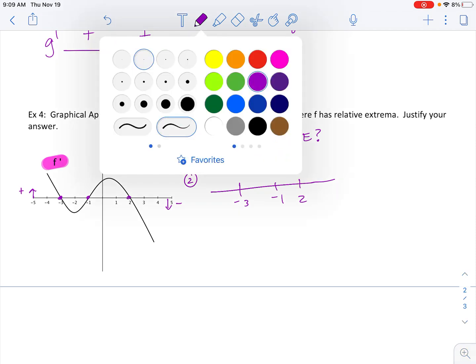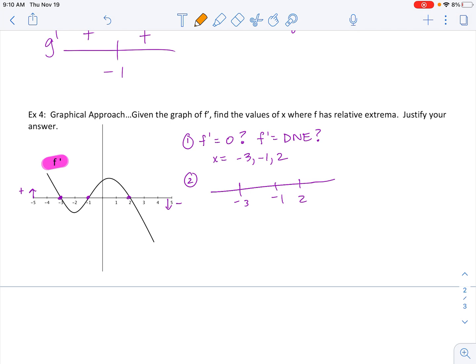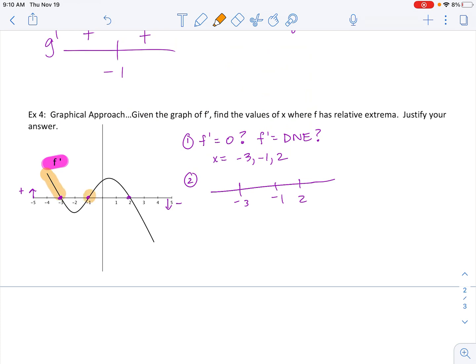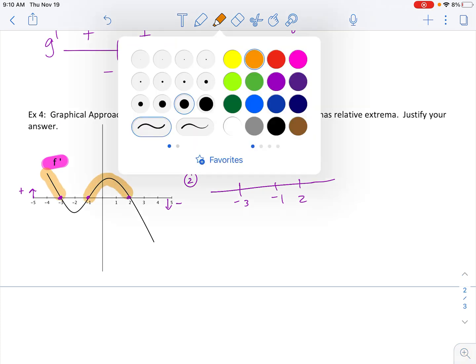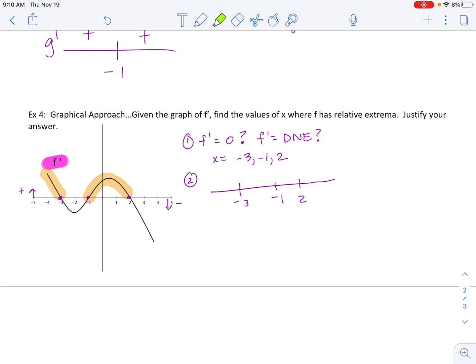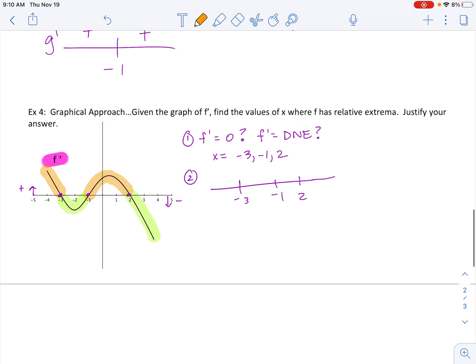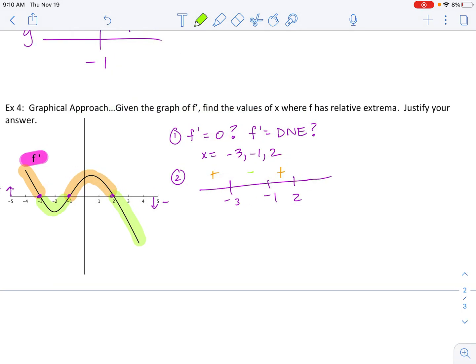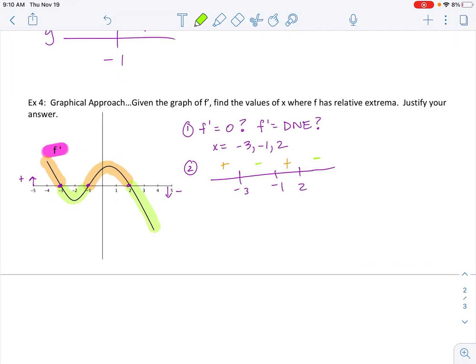So remember, it's above the x-axis in this interval and this interval, and then it is below the x-axis here and here. So that means if I put signs in my chart that match the sign of the derivative, it's going to look like this.